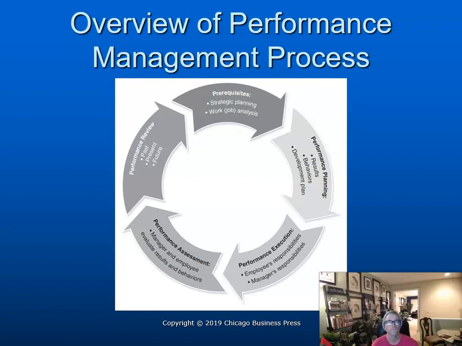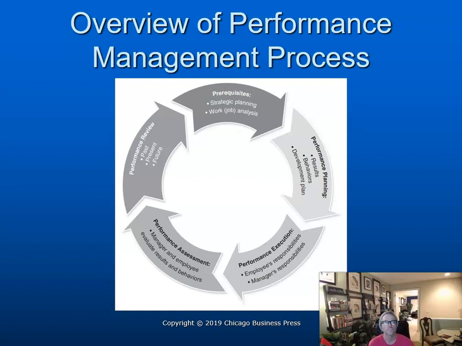So if you want to learn to play the violin in the Philharmonic, and that is your ultimate objective, your strategic plan is the specific strategies that you're going to have to take in order to prepare yourself to be a violinist at a Philharmonic. So the first step of any performance management process is, I call it, know where you're going.